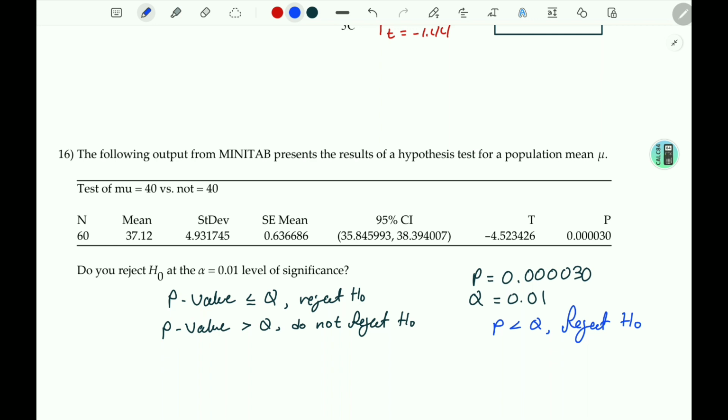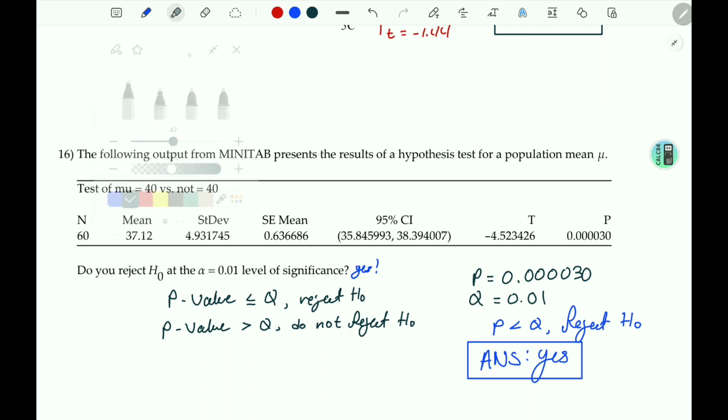So to answer the question, the answer is yes. The null hypothesis is rejected. And that is it for question number 16.